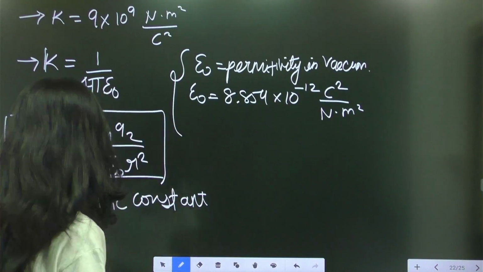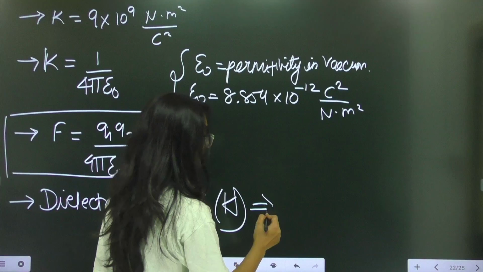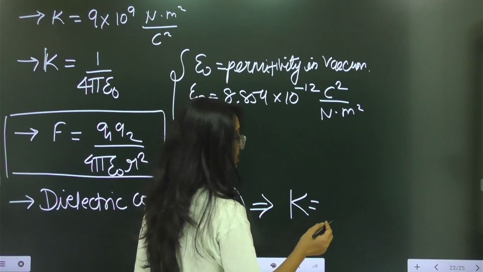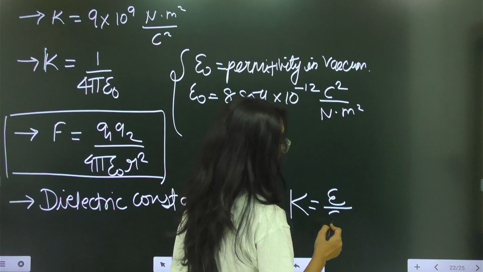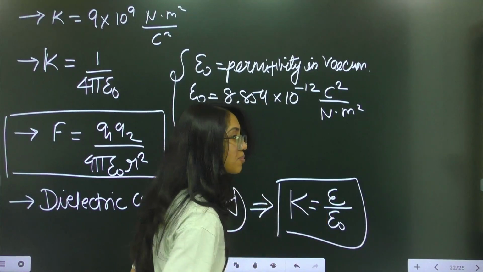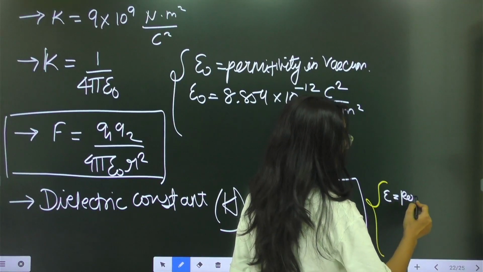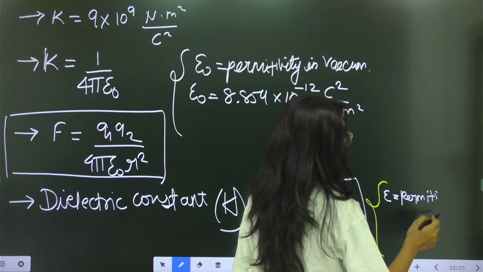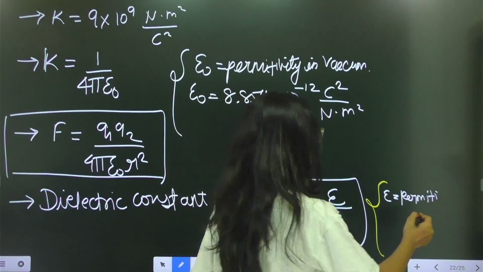Okay, and now dielectric constant capital K. Dielectric constant is the ratio of the permittivity in a medium to the permittivity in vacuum. Epsilon is the permittivity in medium, for suppose water or whatever kind of medium there is.